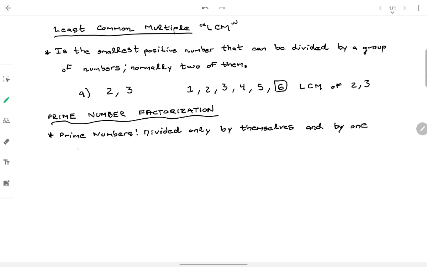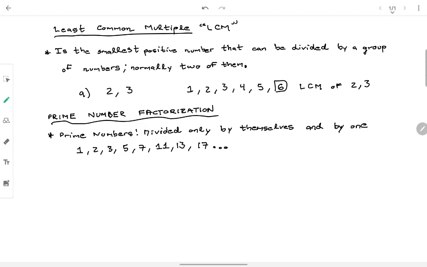Some prime numbers are 1, 2, 3, 5, 7, 11, 13, 17, etc.